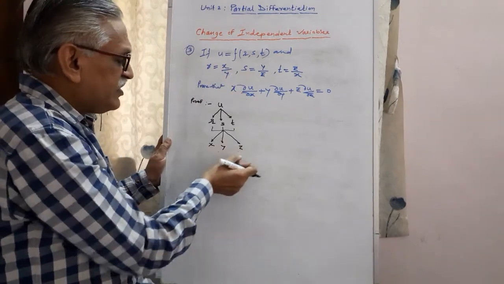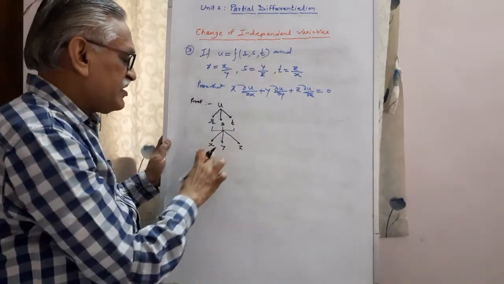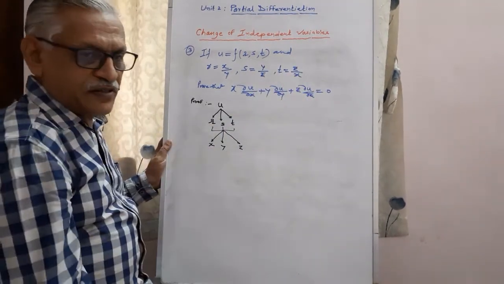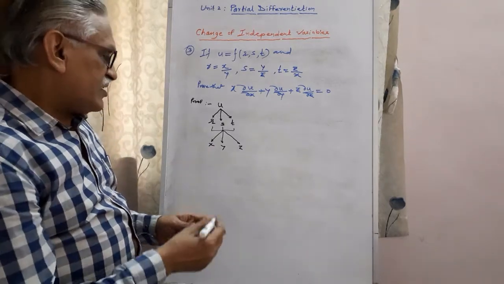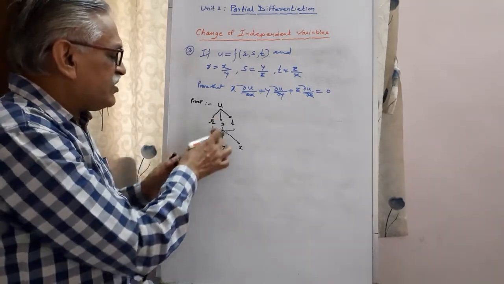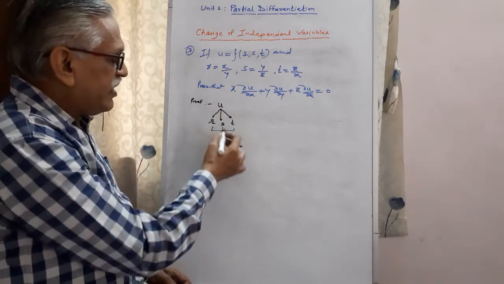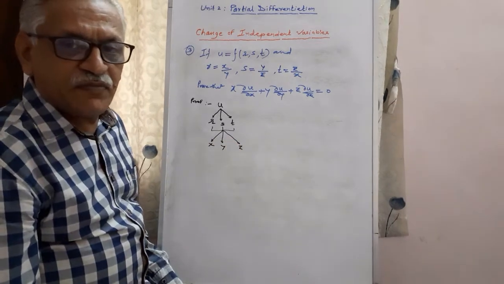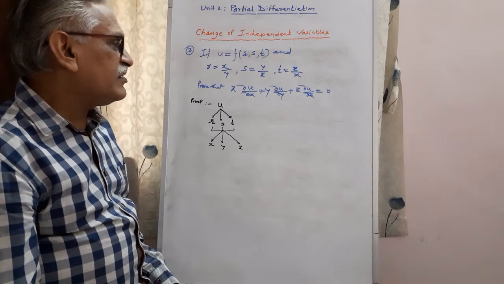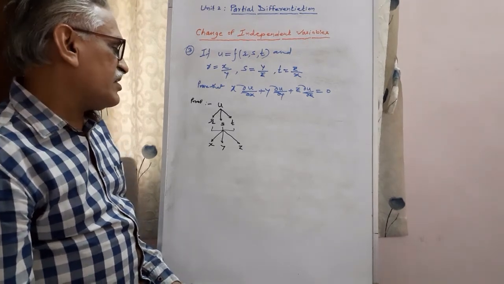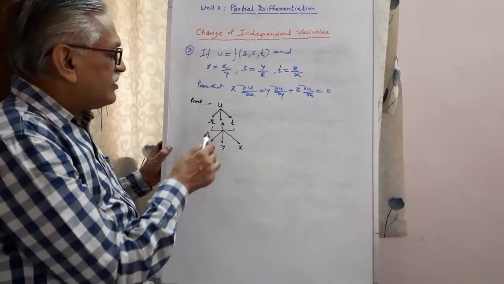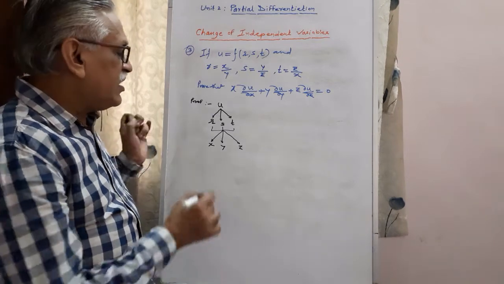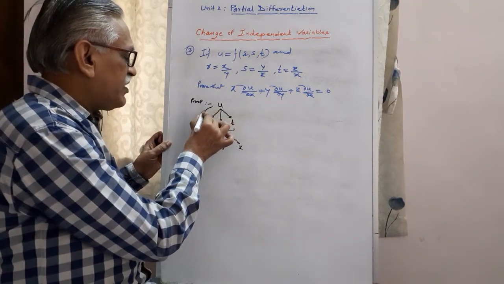R is a function of x, y, meaning z is absent. S is a function of y, z, meaning x is absent, and t is a function of x and z, meaning y is absent. One variable is absent. Therefore, no need to write separately for s and for t. I can combinedly write all as functions of three independent variables x, y, z, knowing that one is absent every time. And as it is a function of functions with more than one independent variable each, it is the problem for change of independent variable.